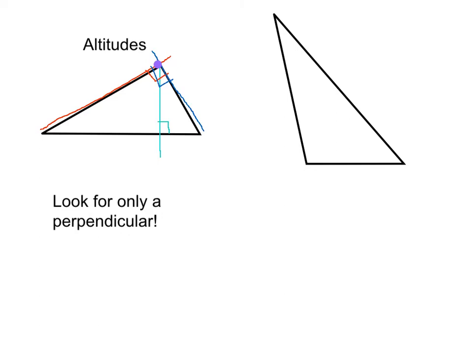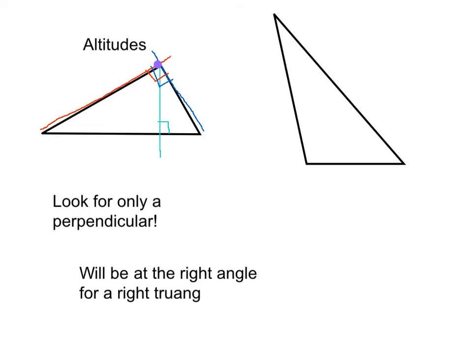Some other things I'm going to talk to you about, though: for a right triangle, the orthocenter will always be at the right angle.